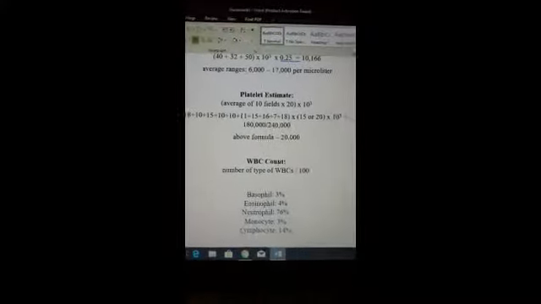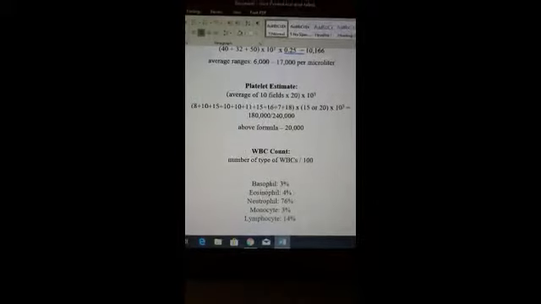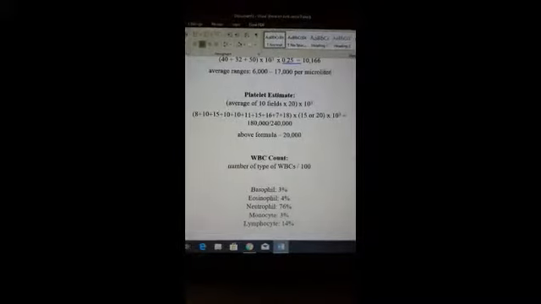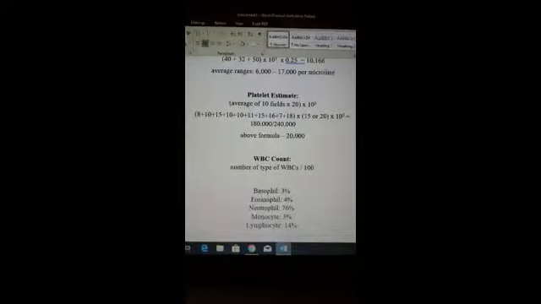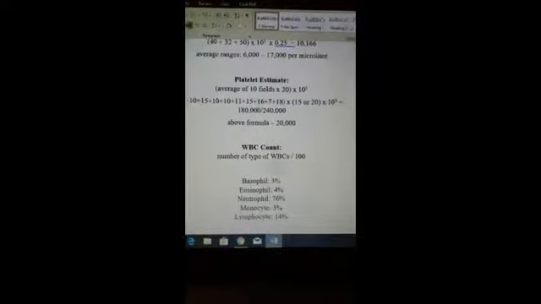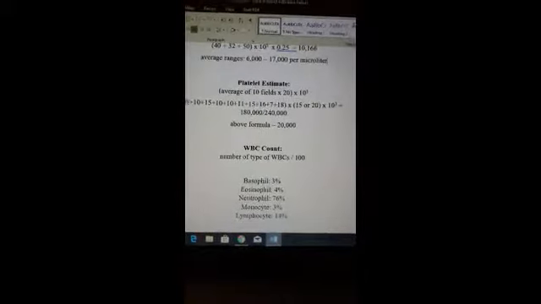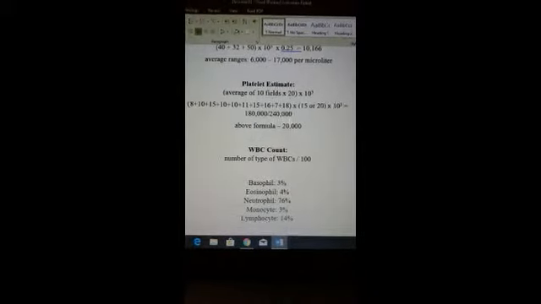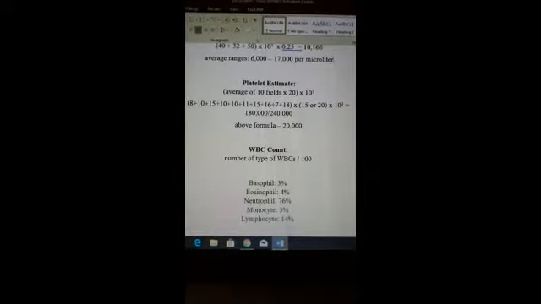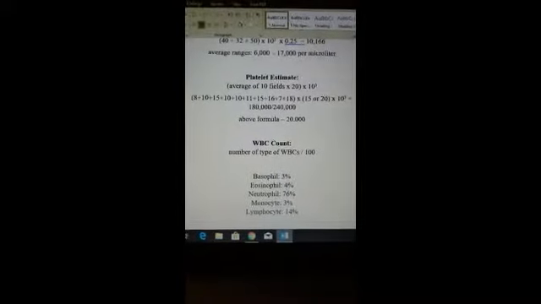Okay, so now we will move on to our platelet estimates. For our platelets, there are actually a couple of different formulas depending on the unit of measurement that you are using. Our textbook formula is taking an average of 10 fields and multiplying that by 20, and then multiplying that number by 10 to the third power.